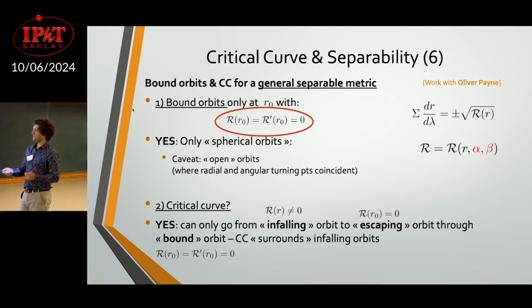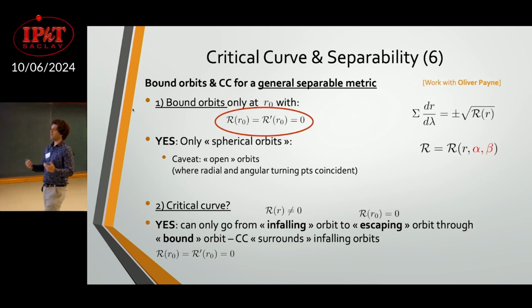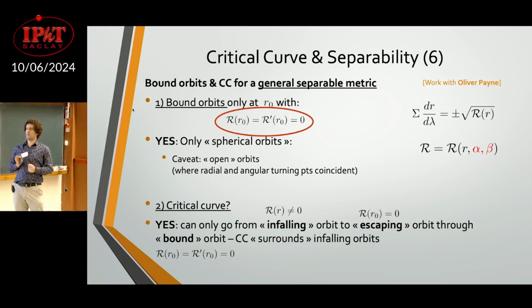Basically the idea is that you certainly have escaping orbits, which have one radial turning point. These are orbits where, if you shoot your geodesic very far away from the black hole, it'll get a little bit closer, but then be deflected and escape to infinity. So it has one turning point. And you also know that there have to be infalling orbits which don't have any radial turning points, so if you go straight to the black hole, it will fall in.